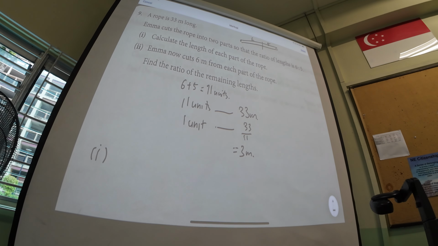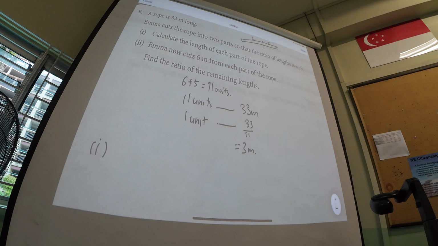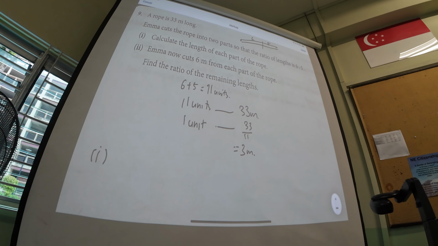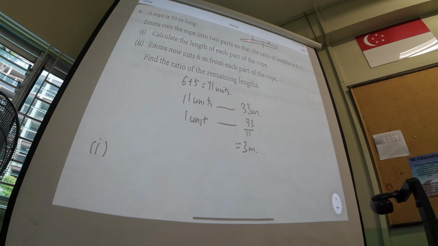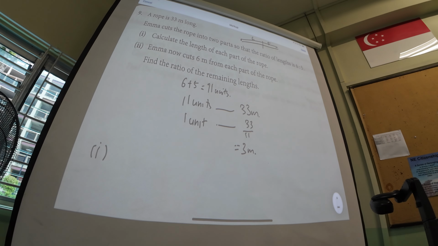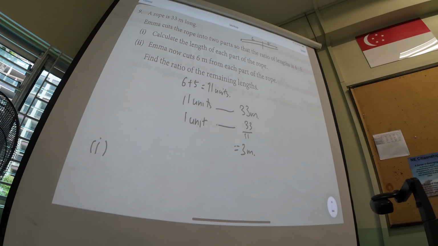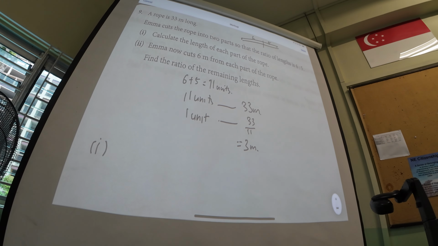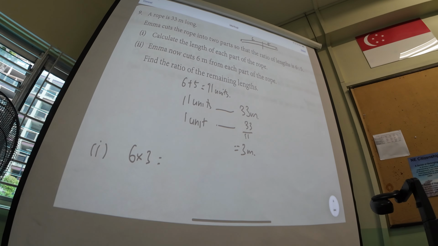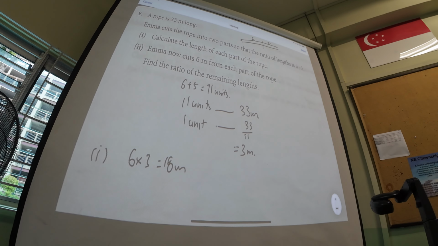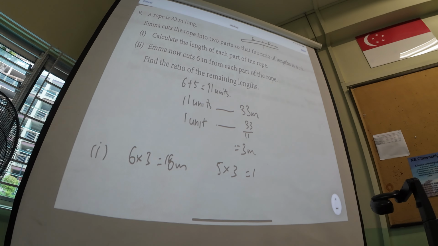Now, how long are each of them? So we want to know this 6 unit is how long and this 5 unit is how long. So each unit is 3, 6 times 3, 18. 5 times 3, 15.